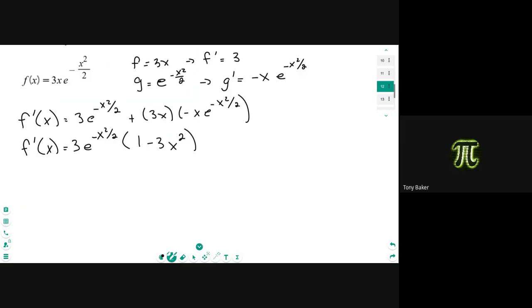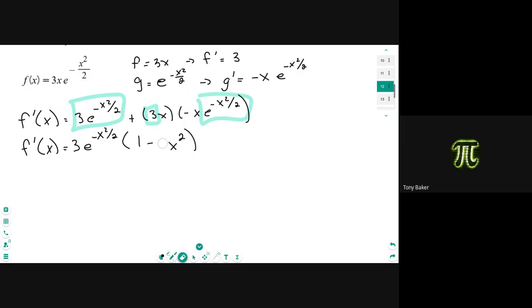So this is where simplifying your problem can make your life a lot easier. We have the 3 here and there, so we can pull it out. Oh, actually, that's not a 3.